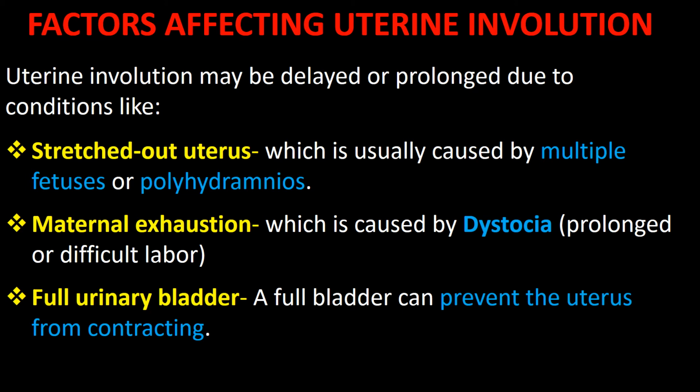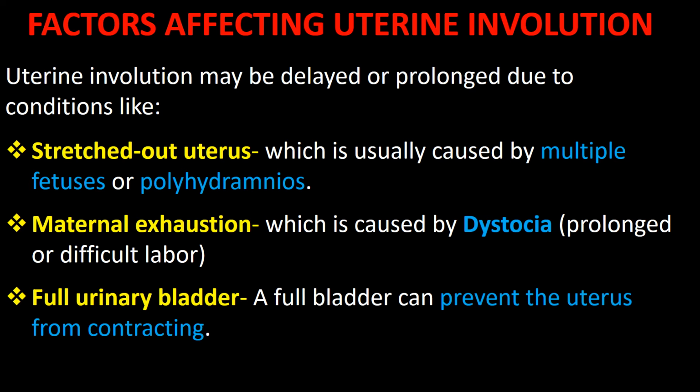Bakit? Kasi sobrang na-stretch out na yung kanilang uterus. Or sometimes for patients with multiple fetuses, yung mga nanganak ng kambal, ng triplets, those have very stretched out uterus, and that will also affect the involution of the uterus.